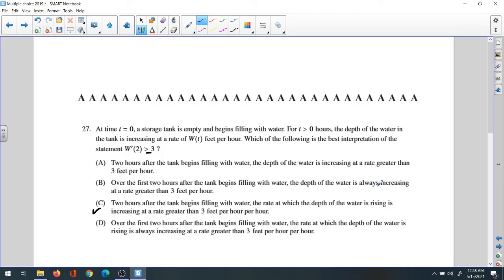No, we disagree about always. It is over the first 2 hours after the tank begins filling with water. The rate at which the depth of the water is rising is always increasing at a rate? We disagree about always at all. The only correct expression for that is C.